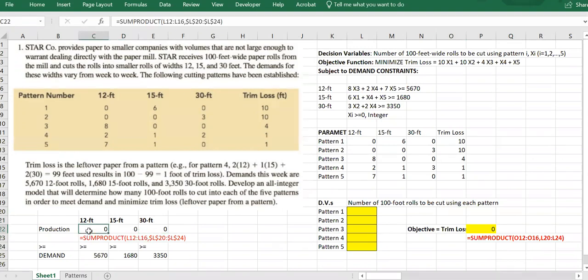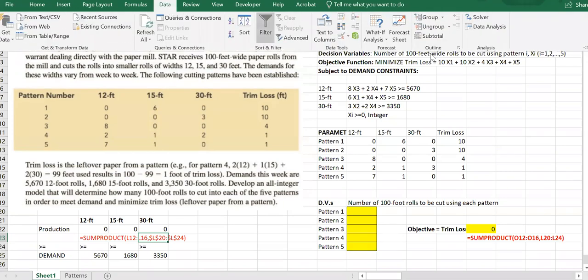I type the formula, fix the decision variables by pressing F4, and then drag my formula to the right. The formula, say for 30 feet, is the sum product of these values and the decision variables, and that has to be greater than or equal to the minimum demand that we have to satisfy. So our spreadsheet model is ready.